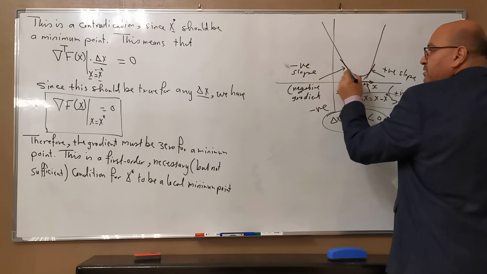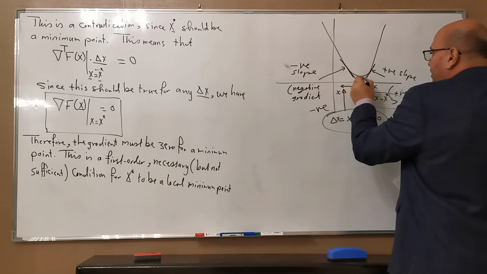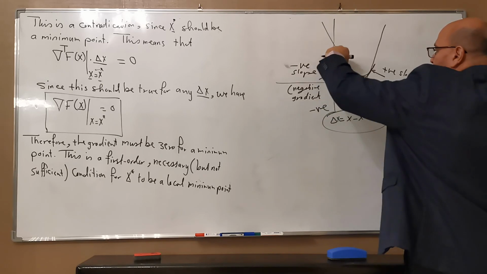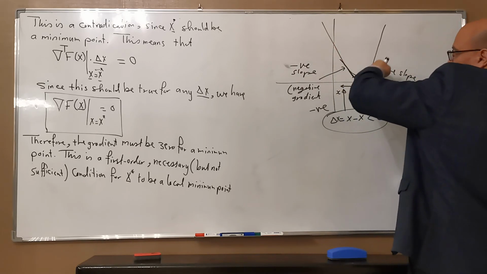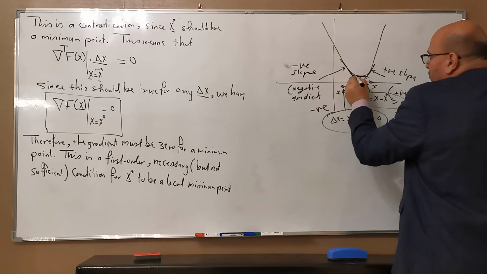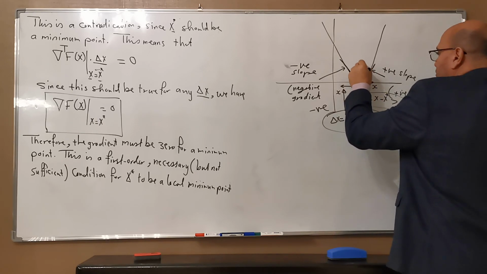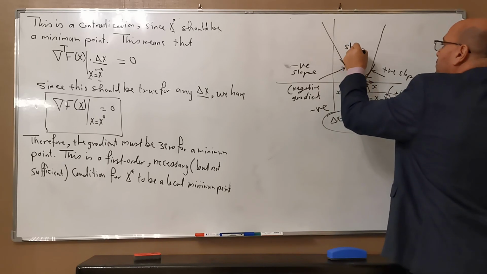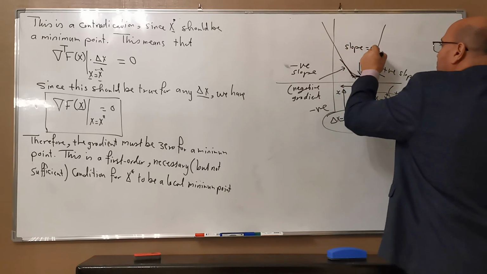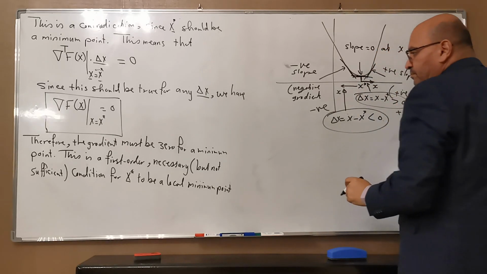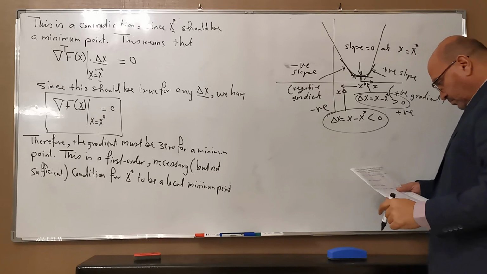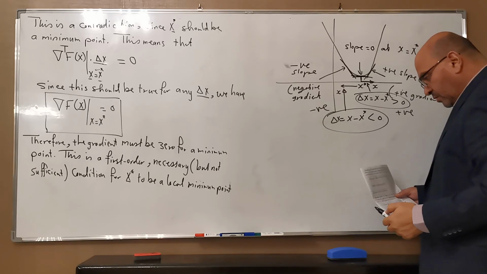The only exception is where you are moving with a negative slope, and then suddenly it changes to a positive slope. At this point, where you have the minimum, the slope is equal to 0. Slope equals 0 at x equals x star. Okay?